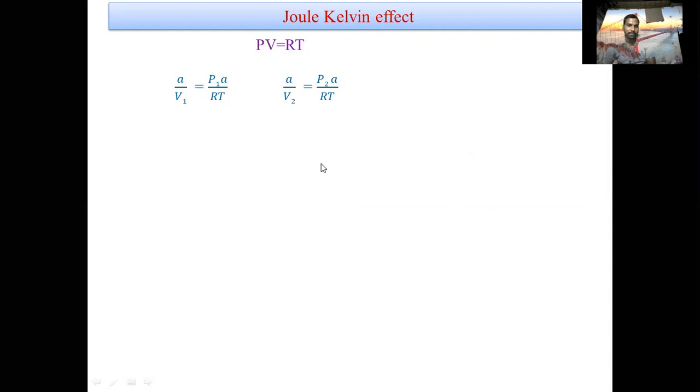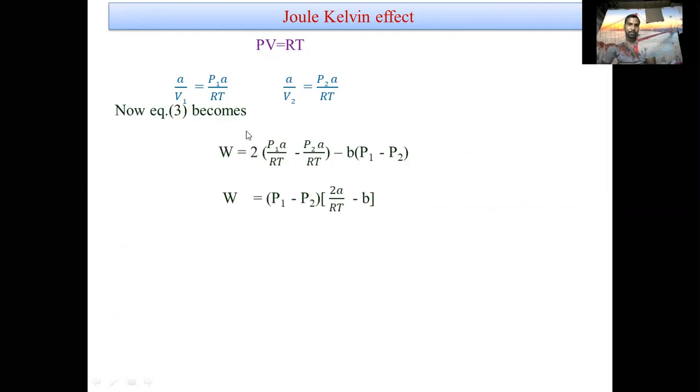Now equation 3 becomes W = 2(P1a/RT − P2a/RT) − b(P1 − P2).